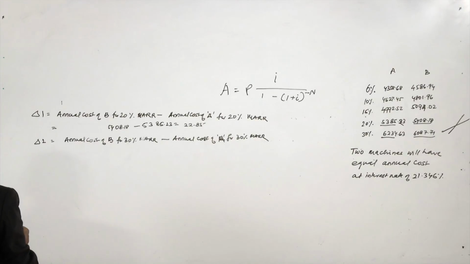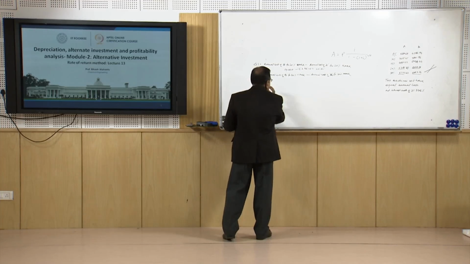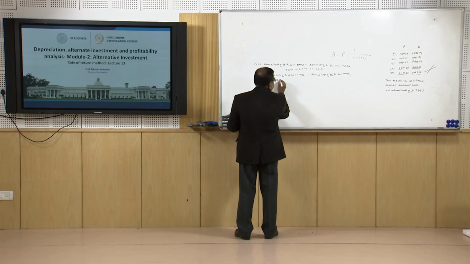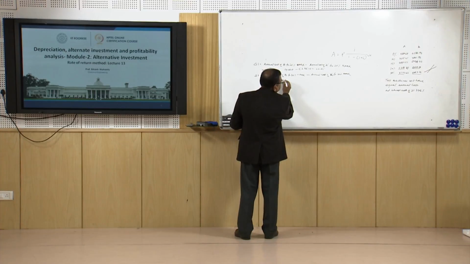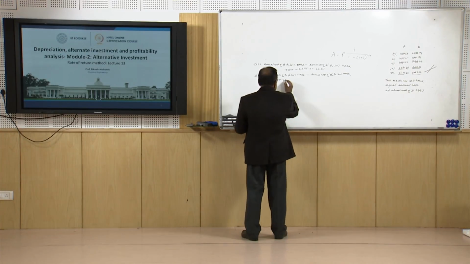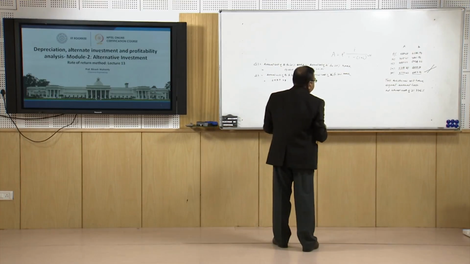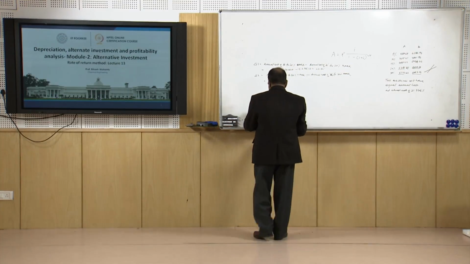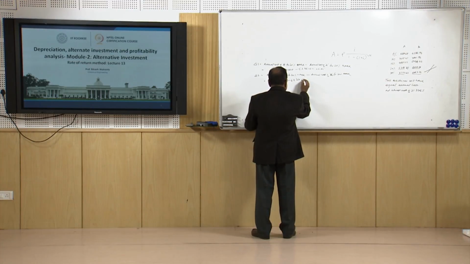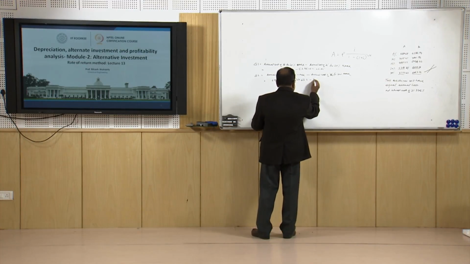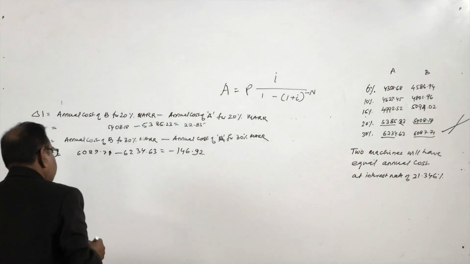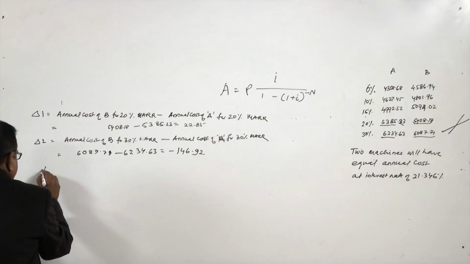Now, this is equal to 6087.71 minus 6234.63, which comes out to minus 146.92.